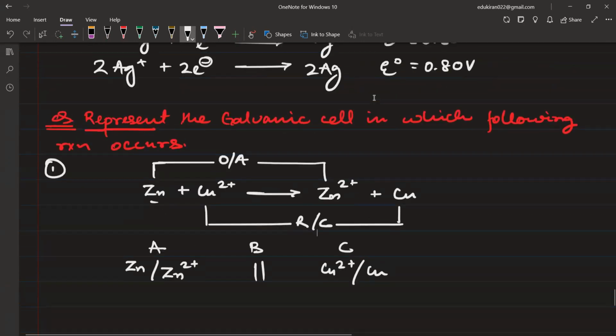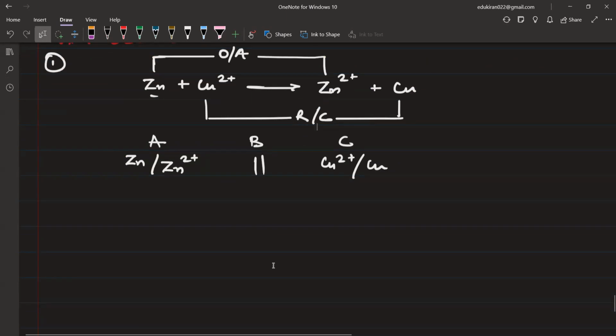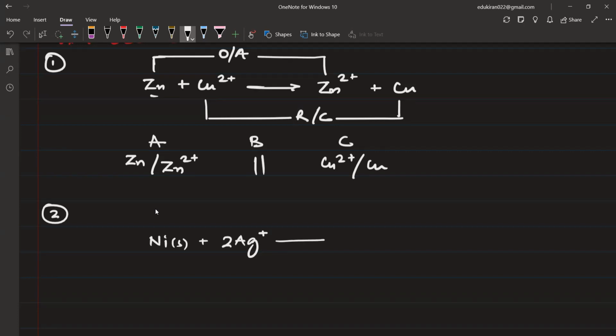Can I give you some questions now? Right, for this one, we have nickel solid plus 2 Ag positive, getting converted to nickel 2 positive and Ag solid.